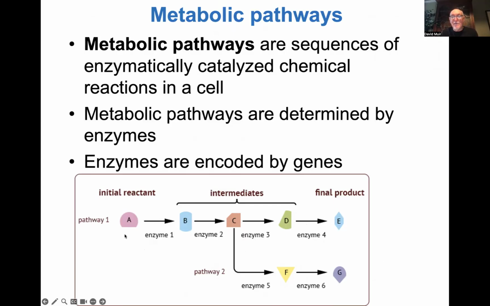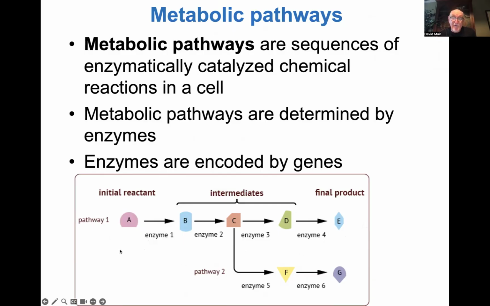And I can end up fine-tuning this reaction so that I fine-tune the amount of the product that I end up with at the end. This is often very, very important to the cell. The cell does not want to waste energy producing product it doesn't need.